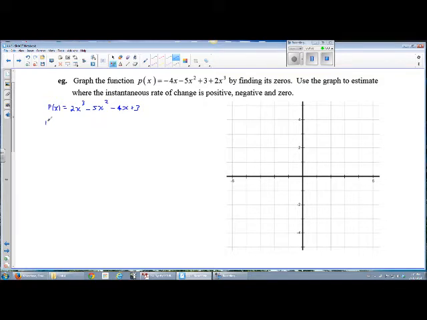So I'm going to try p of 1, and I'll substitute 1 into all the x values, and determine if that equals 0. And I find that it does not.